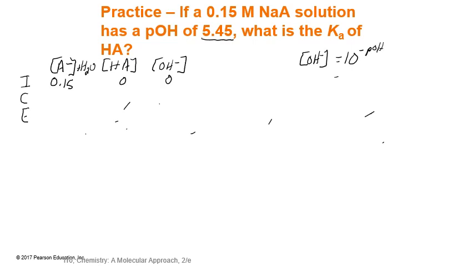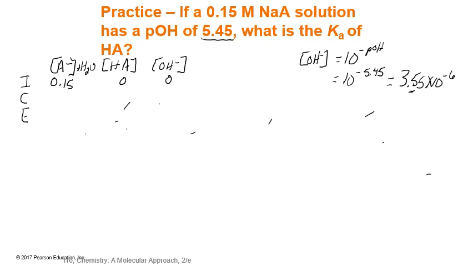And so our OH minus concentration is going to be 10 to the negative 5.45, which equals 3.55 times 10 to the negative 6.